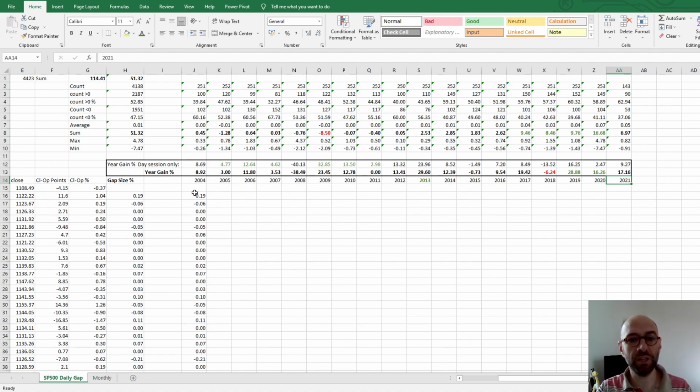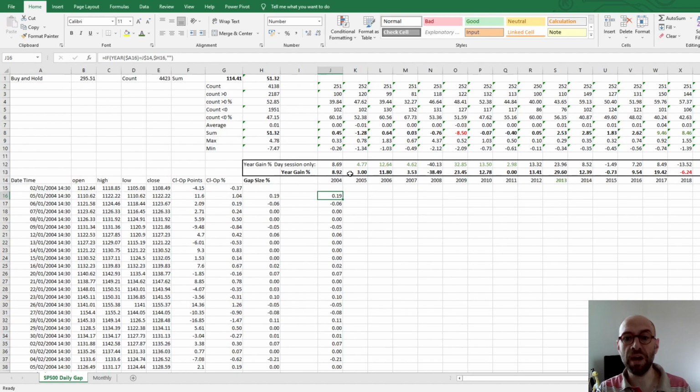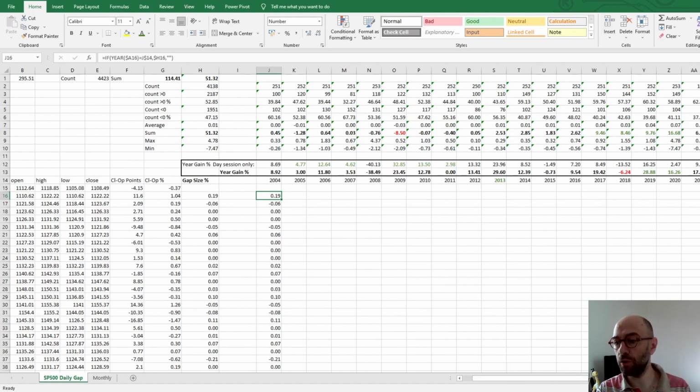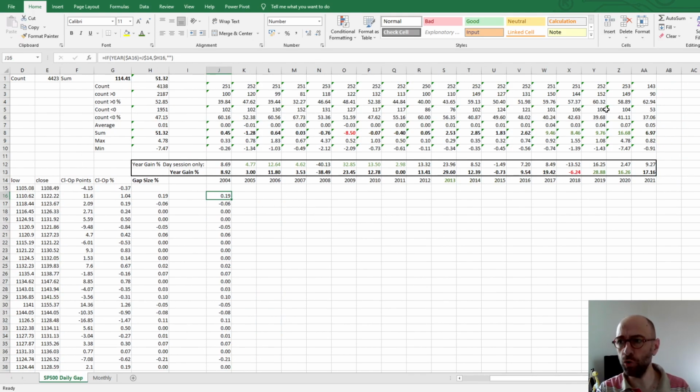So I've calculated the data on a yearly basis. Similar to what I've done before, I use an if operator there. I say if the year in cell A16 matches here, then put the gap data there. And I've done that for all the years, as you can see.